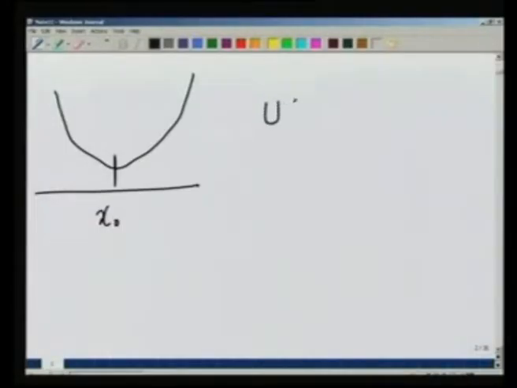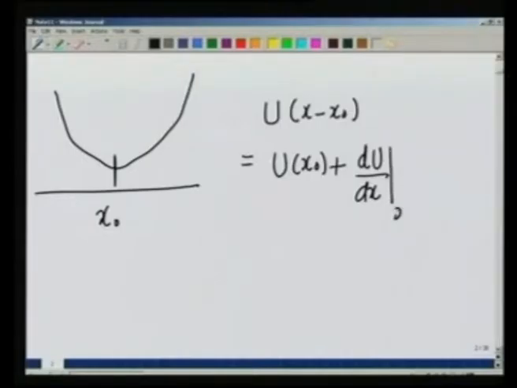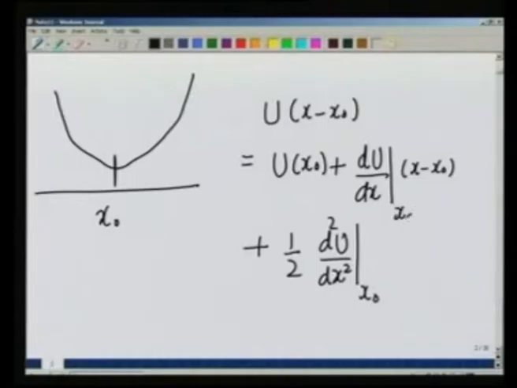Then U at a point x away from x0 can be written as potential energy at x0 plus the derivative of potential energy at x0 times (x minus x0), plus 1/2 the second derivative of the potential energy at x0 times (x minus x0) squared, as long as x minus x0 is small enough, plus higher order terms.